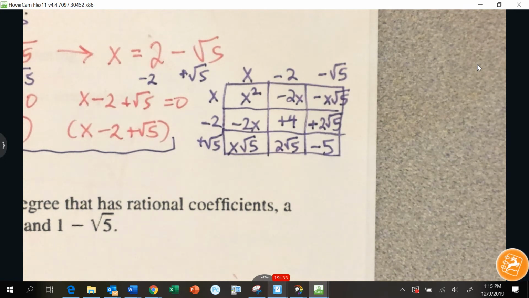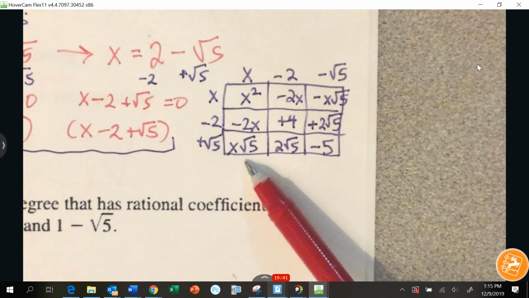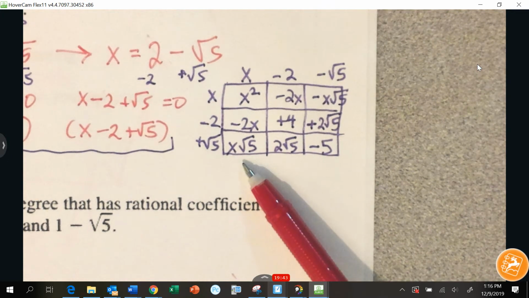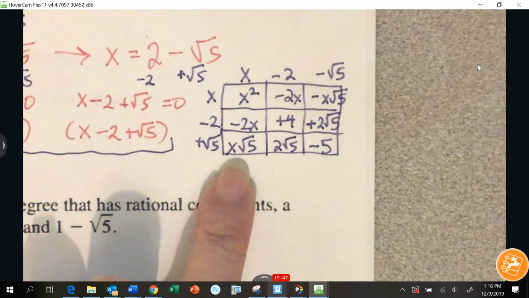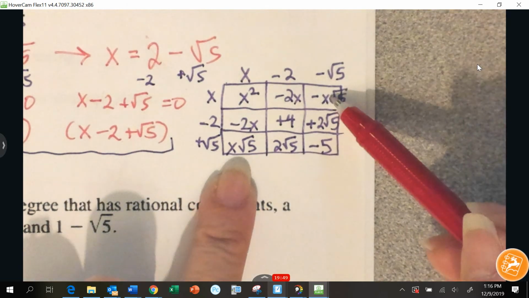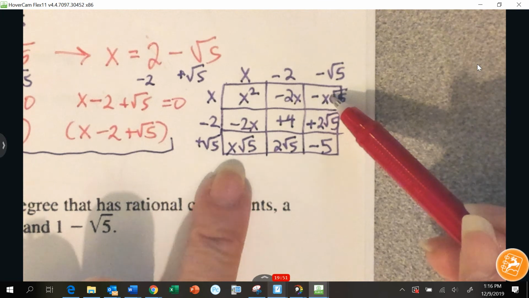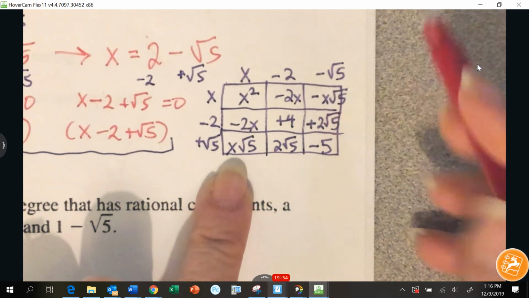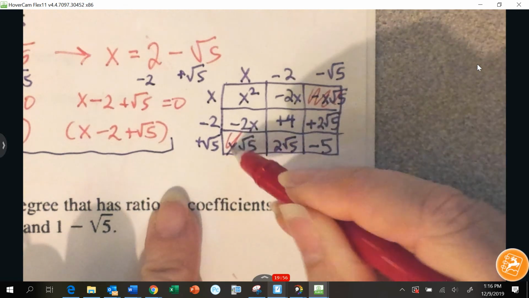You can multiply by whatever method you want. Then we have to collect like terms. As I'm collecting, what is like terms with x radical 5? Negative x radical 5. And guess what happens if you add x radical 5 with negative x radical 5? Bye.